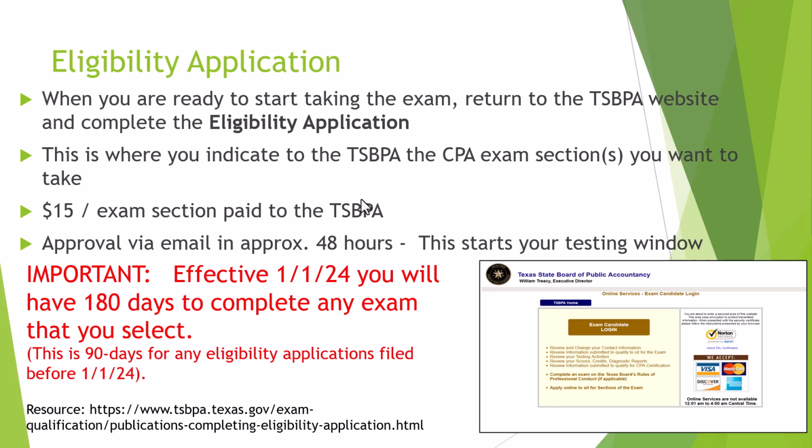If for some reason you are completing this eligibility application before January of 2024, the eligibility application and testing will happen in 90 days. So assuming you're doing this in January or later of 2024, any part of the exam that you now complete an eligibility application for, you will need to complete and test within 180 days.